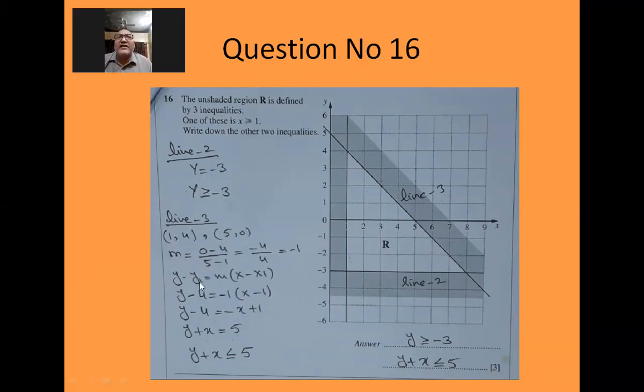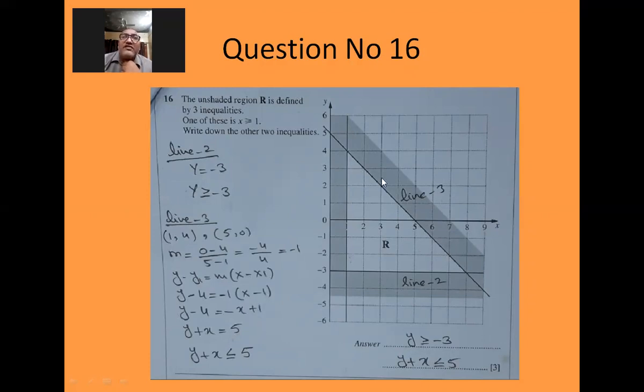Then I apply y minus y1 equals m times (x minus x1), using the first point: y minus 4 equals -1 times (x minus 1). So y minus 4 equals minus x plus 1, so y plus x equals 5.